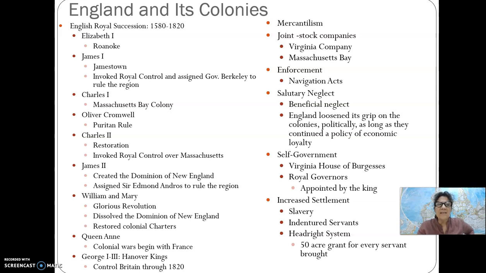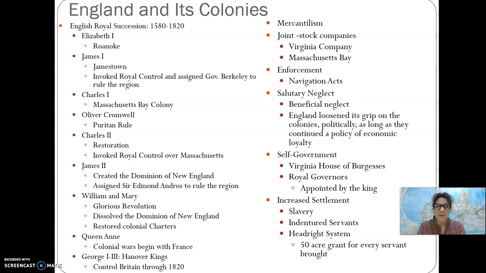So a lot of these colonies at first in their settlement, like in the first 30 or 40 years, they developed and created a distinct American kind of quality, but over time, the English took greater and greater control over them.